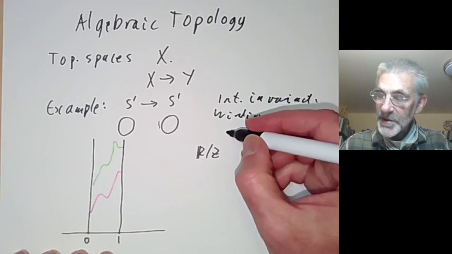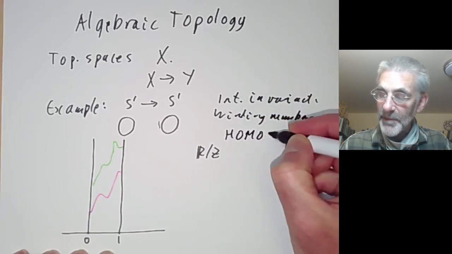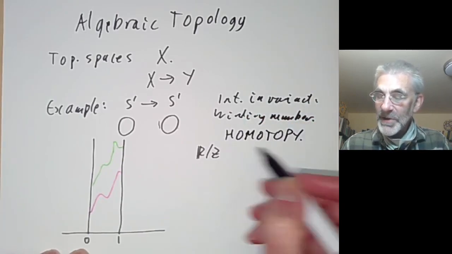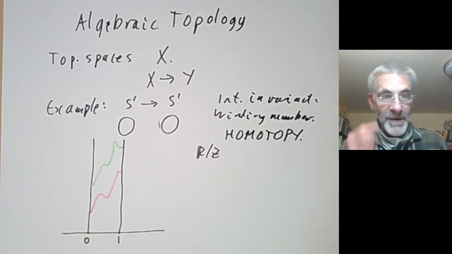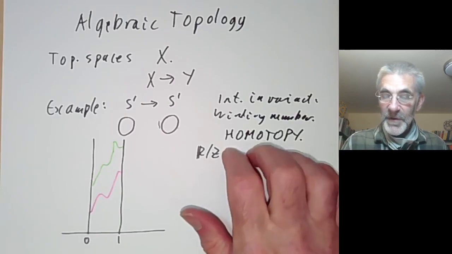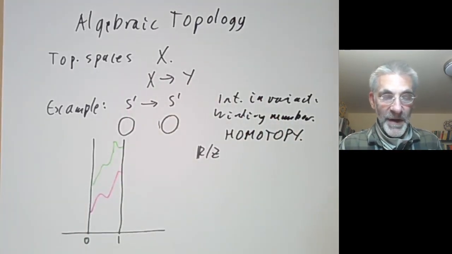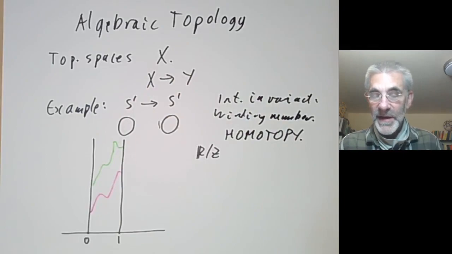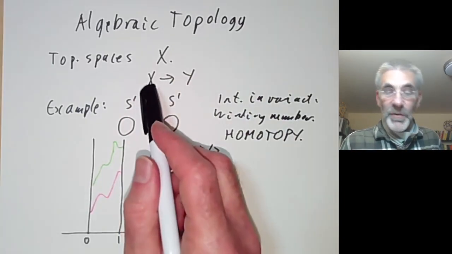And this deformation is called homotopy. So homotopy is a very fundamental property of algebraic topology. We say two maps are homotopic if you can deform one map into the other map. And I'll define it a bit more precisely later. You can also think of it like this.